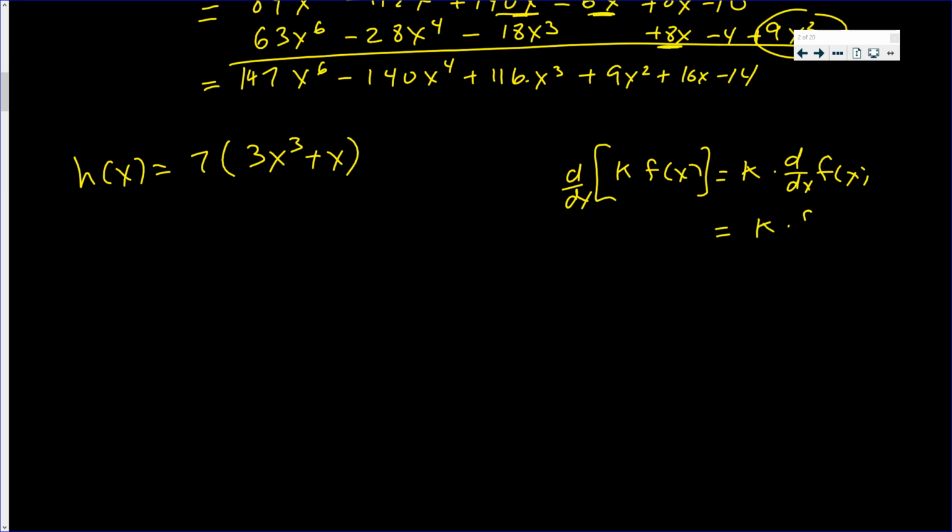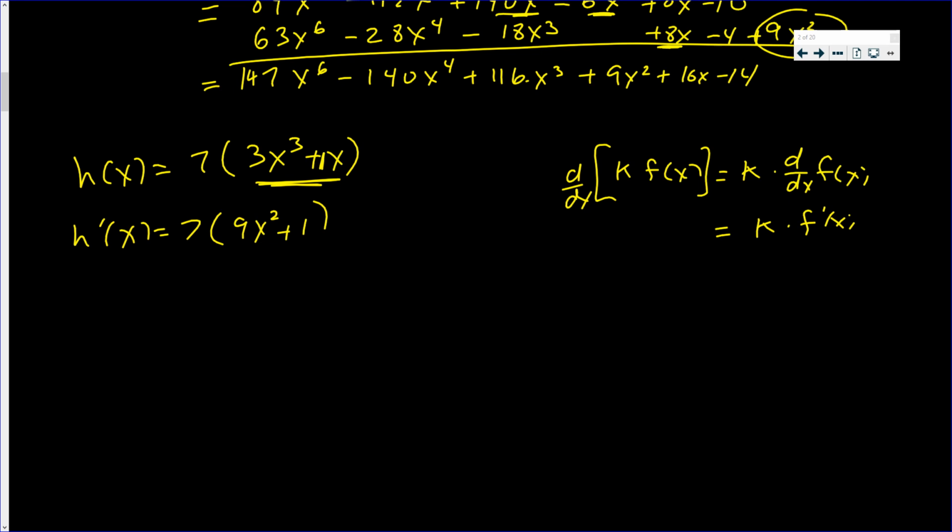Also can be written as this. So, h prime of x is just the constant times that derivative, which is 9x squared plus, that's 1x. The derivative of a constant times x is the constant. There it is.